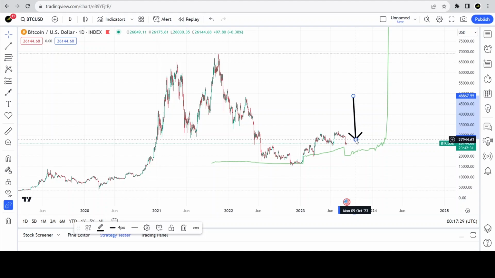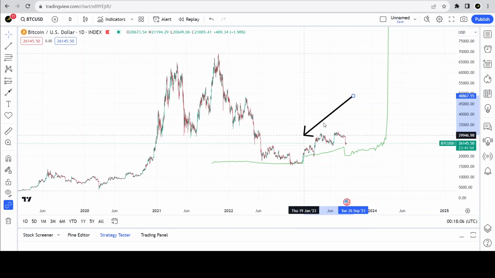The original structures that take place on not just this chart, but many charts, that structure is the original, and many of the similar structures that happen throughout the chart through time are just copies, renditions of this original structure. So there you have it. The very first structure that ever takes place on the Bitcoin chart is being repeated in 2023 on today's chart.